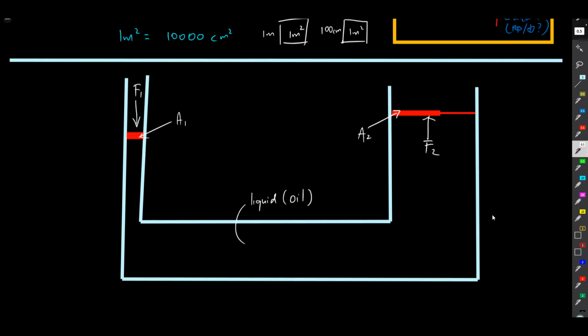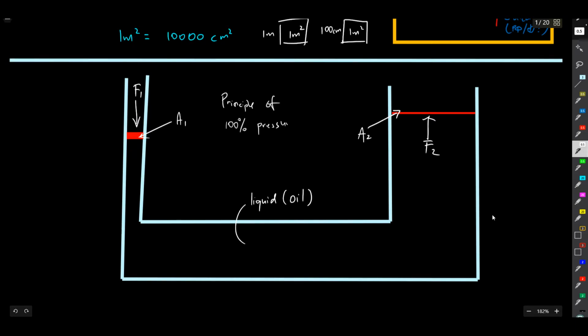Okay, so when F1 acts on the plate A1, it actually creates a pressure, and this entire thing works based on the principle of 100% pressure transmission. Okay, not force transmission.